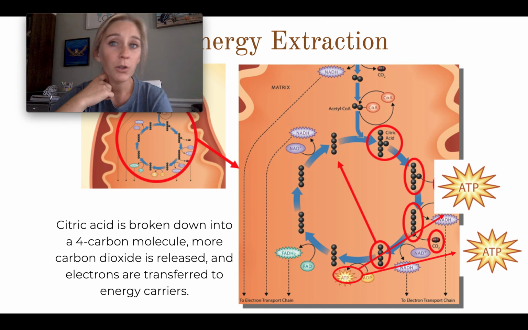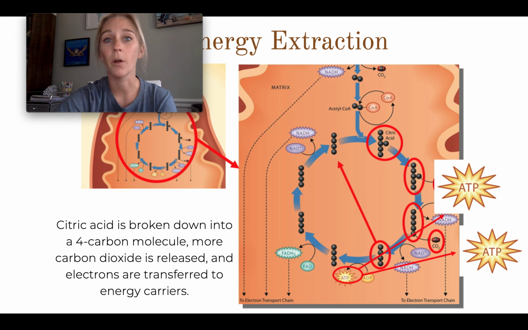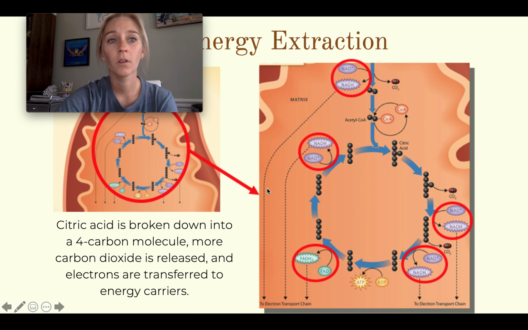So each starting molecule of glucose results in 2 complete turns of the Krebs cycle, 2 ATP molecules. Now, if you look at the electron carriers, NAD+, NAD, FAD, energy released by the breaking and rearranging of the carbon bonds is captured in those forms of energy.